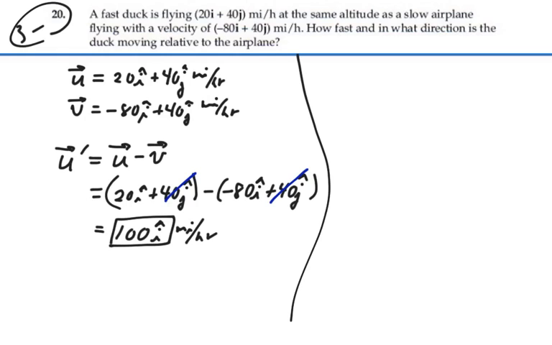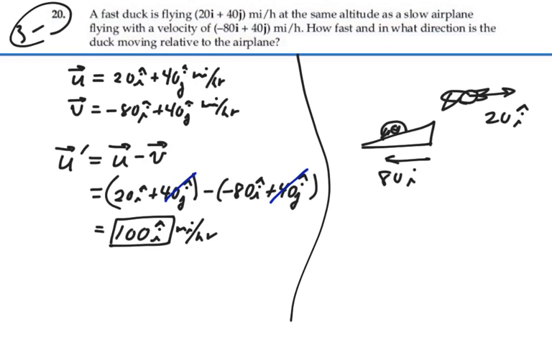We can imagine that if we had a duck flying in one direction and we had an airplane flying in the other direction, all things being equal in the y direction, that if the duck is going 20 I in one direction and the airplane is going 80 I in the opposite direction, in the negative I direction, the relative velocity between the two is going to be 100 I. So the duck is going to appear like it's going 100 miles per hour in the opposite direction to the person in the airplane.